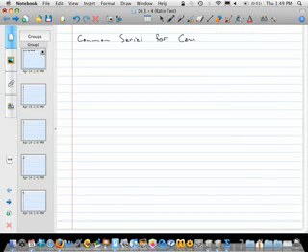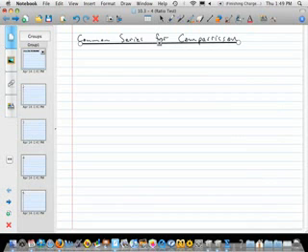I'll spell comparison correctly this time, I think. Beautiful. So this is still in section 10.3, but this is just a little supplement for it.